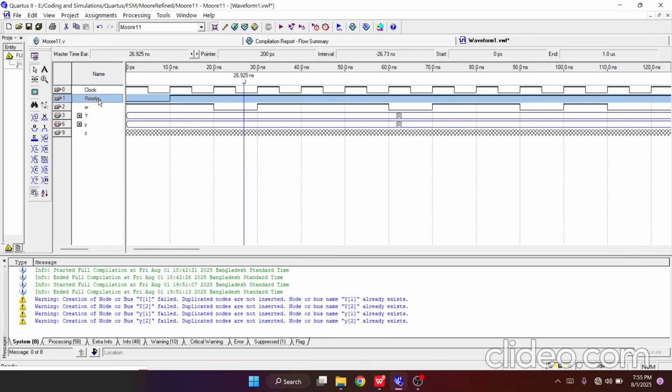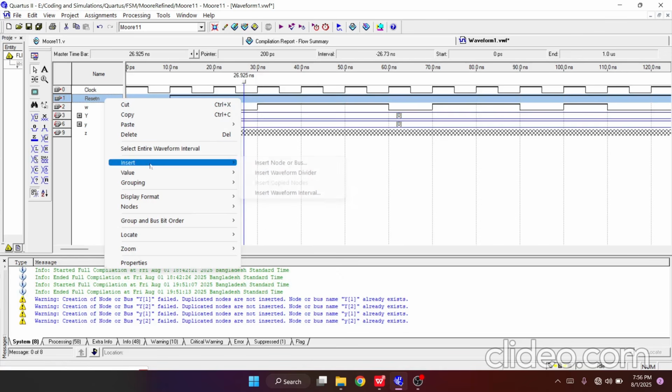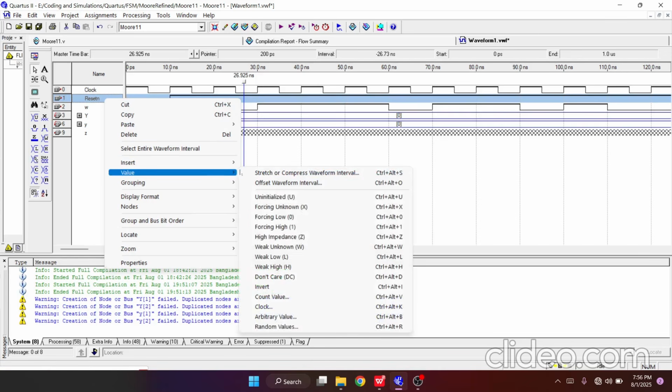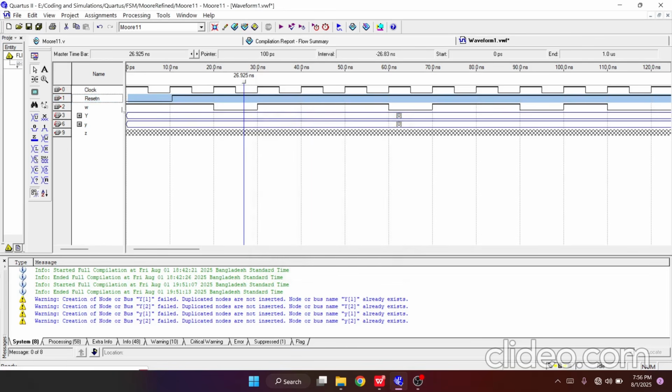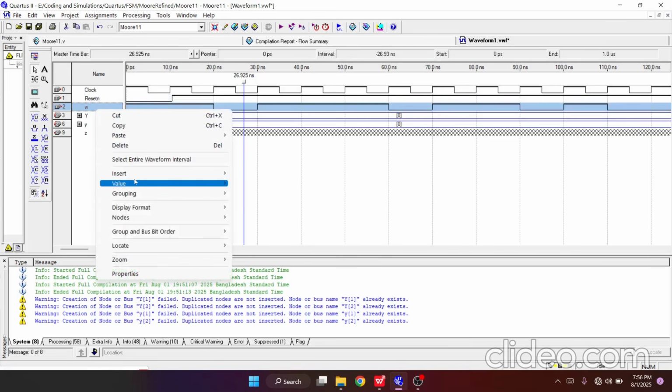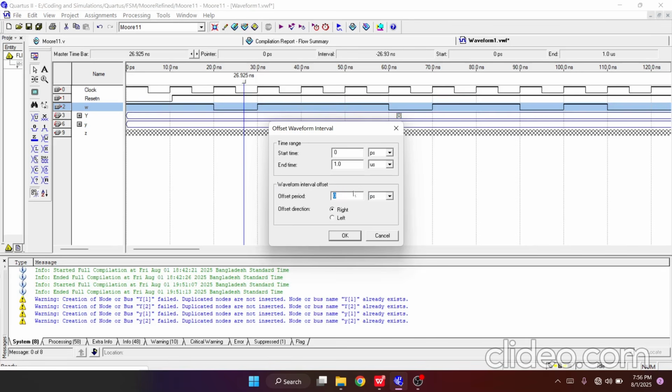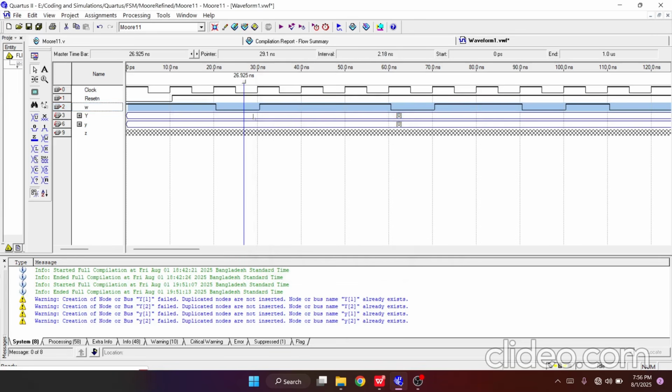Then to the reset signal and W, we will have to introduce some delay. Value, offset waveform interval, I will introduce a 0.5 nanosecond delay here. See, the reset signal is now shifted in the time scale a bit to the right. I will do the same for the W signal as well, 0.5 nanoseconds to the right.